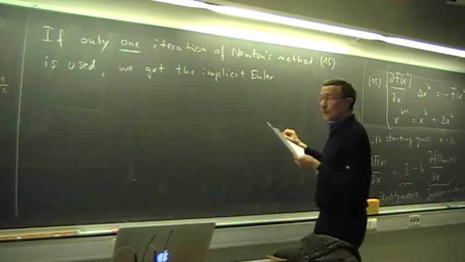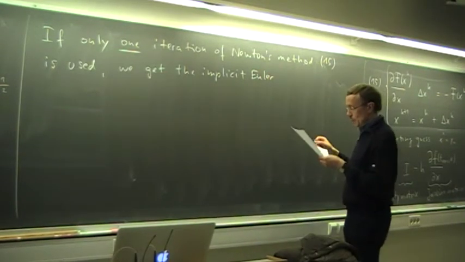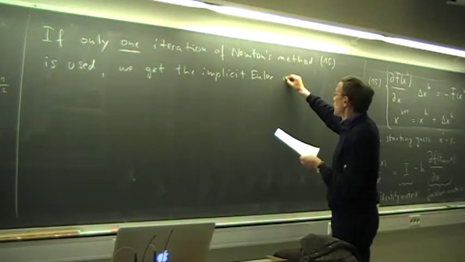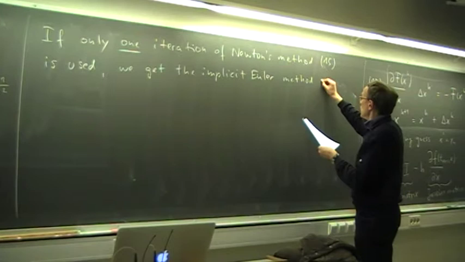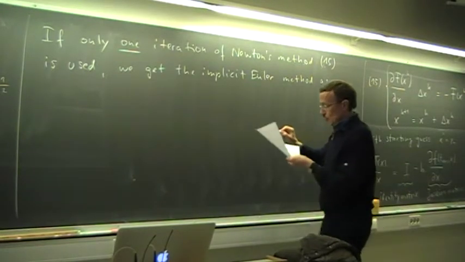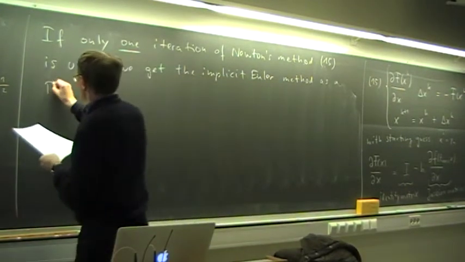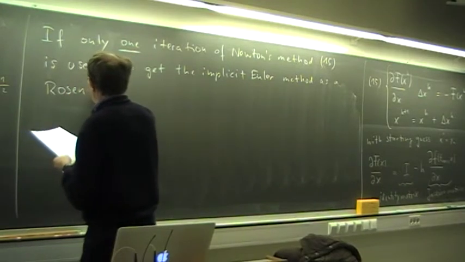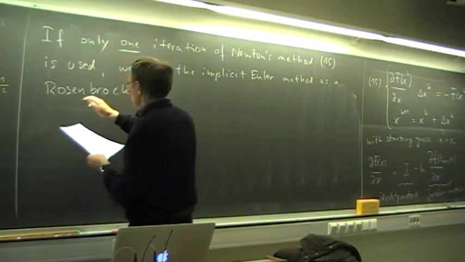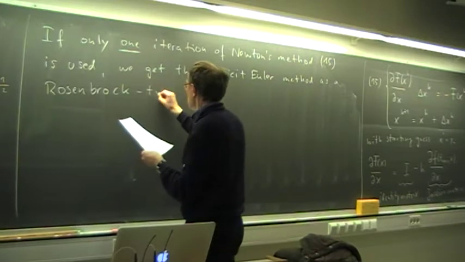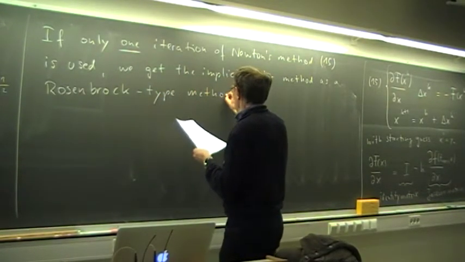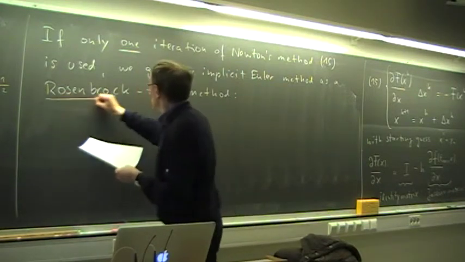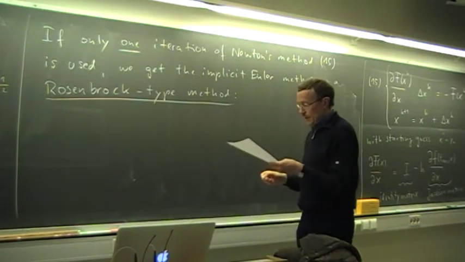But you could also do it for the trapezoidal method or BDF2 or other implicit methods. We get it then as a so-called Rosenbrock type method. Also, we have this idea for the first time. And then we would get the following.